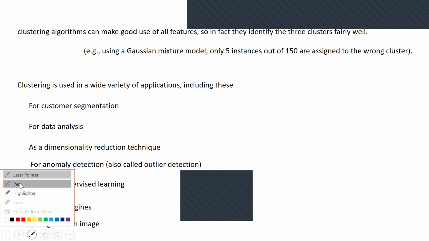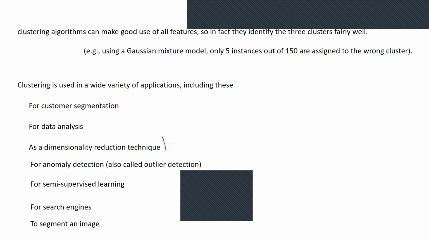We can call this k-dimensional also, where k is the number of clusters. So here we need to find the clusters, and this works as a dimensionality reduction technique.